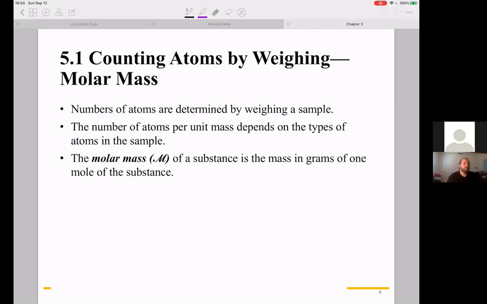So if I took a sample of calcium and I massed it out to 10 grams, we would be able to convert that 10 grams into number of calcium atoms, or moles of calcium. So let's see how to do that. That's going to be using what's called the molar mass of a substance, okay? Again, we're going to start by just talking about atoms. We'll move on to compounds later.